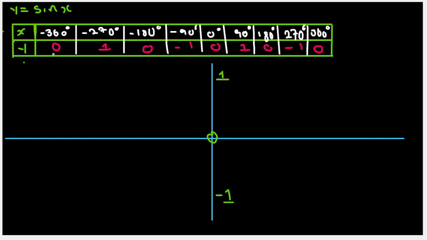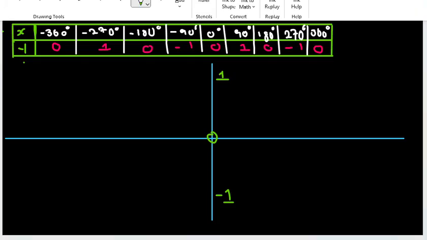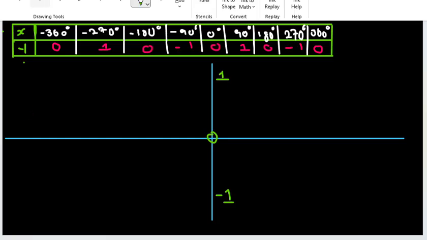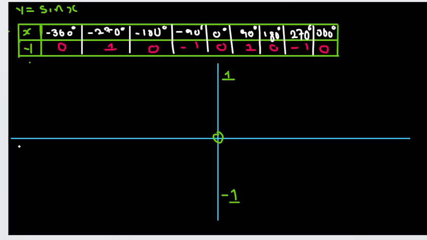Here we'll have minus 360 degrees, minus 270 degrees, minus 180 degrees, minus 90 degrees, 90 degrees, 180 degrees, and 360 degrees.